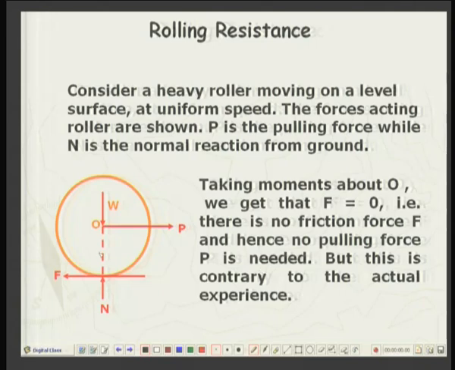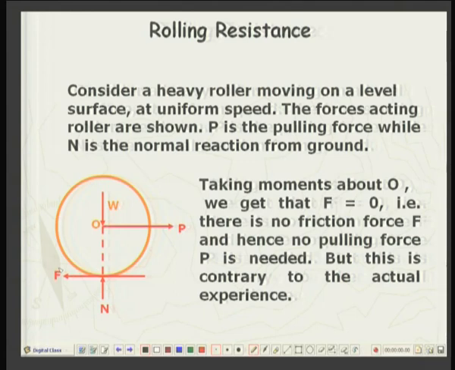You might have seen that suppose a heavy roller is used on, let us say, a cricket pitch. So, 2 or even sometimes more workers pull the roller on the pitch. Now, if we examine that case, suppose there is a heavy roller, weight is W, and it is rolling on a level surface.